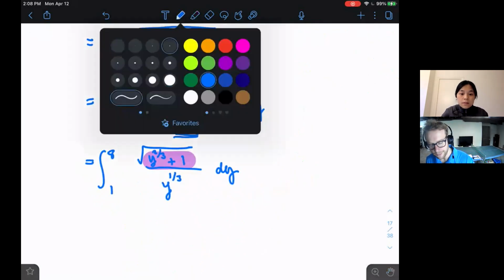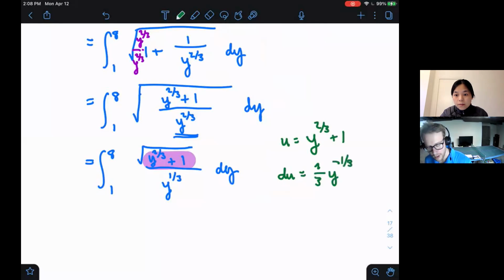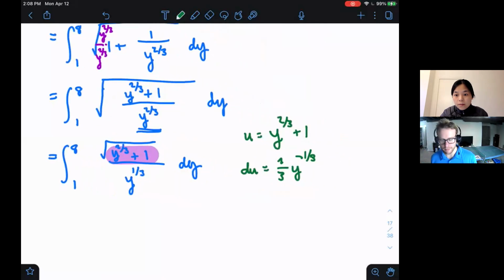So let's go ahead. If I let u be my inside function, then du, well, when I take the derivative of this, again, we get the 2/3 coming down. We reduce our power by 1. And the derivative of 1 is just 0. And so this is going to be dy here.